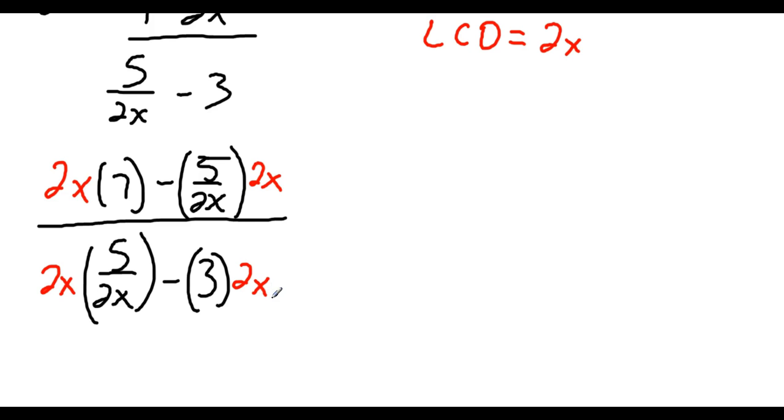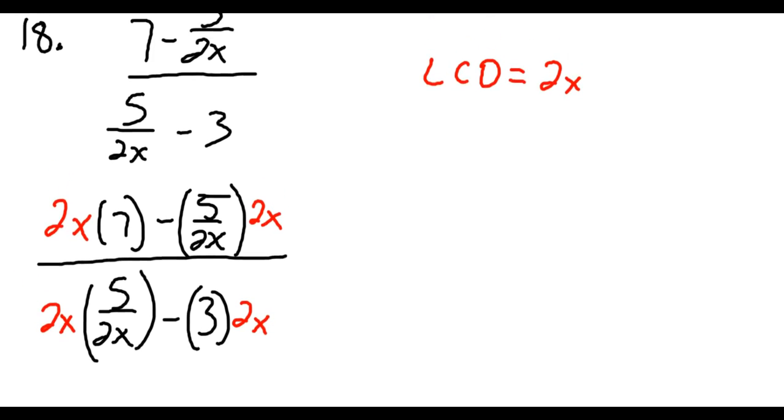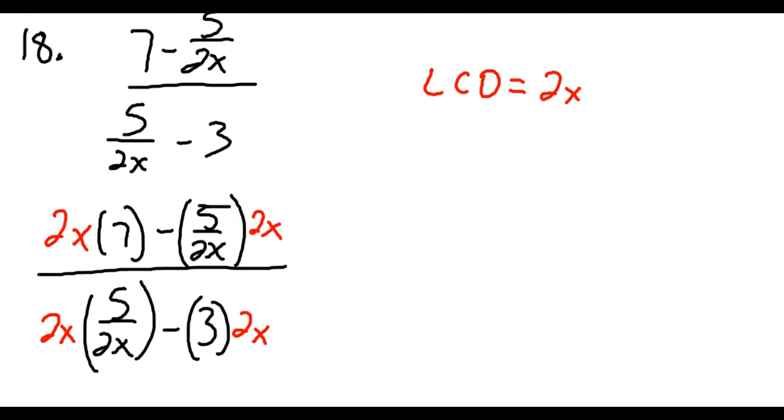So again, just take the original fraction that we had, rewrite it, and then everywhere you've got it rewritten, put a 2x beside each of the numbers that's there. And the big thing with this one is your fractions should be gone. You should just have whole numbers.